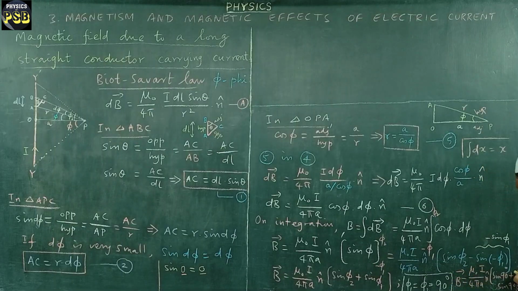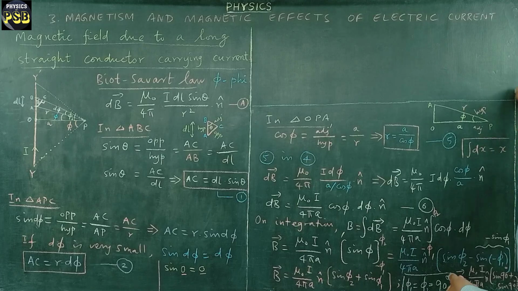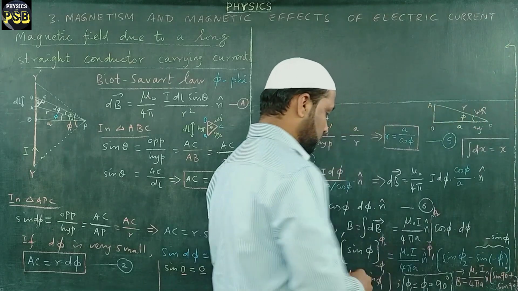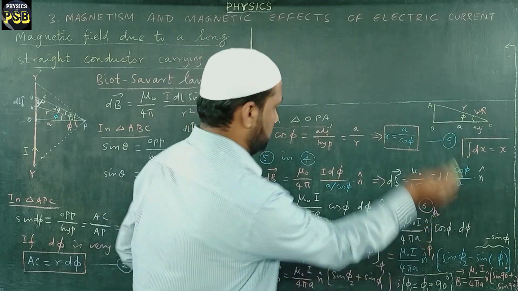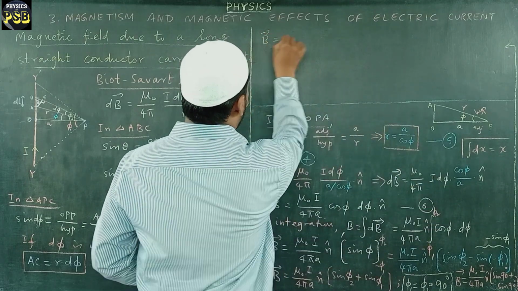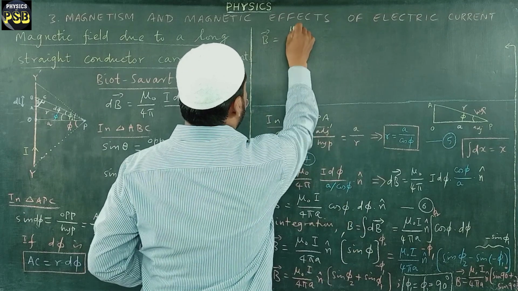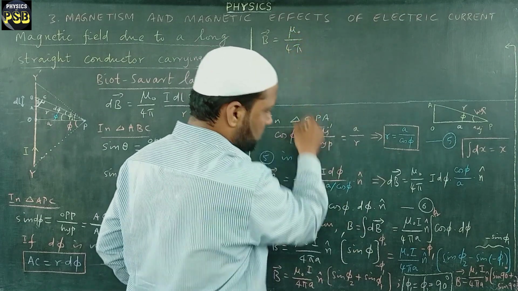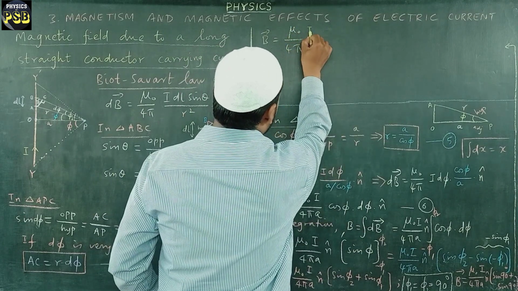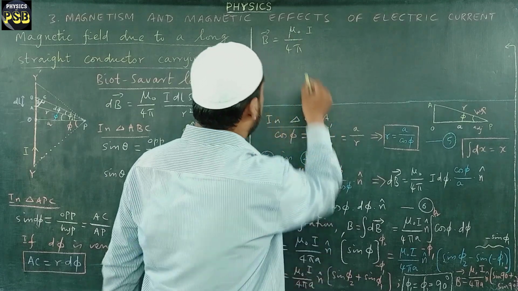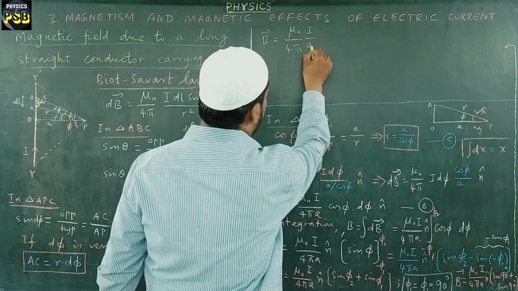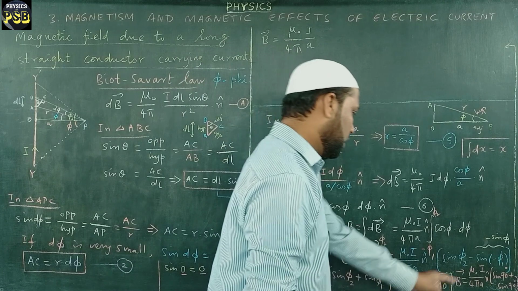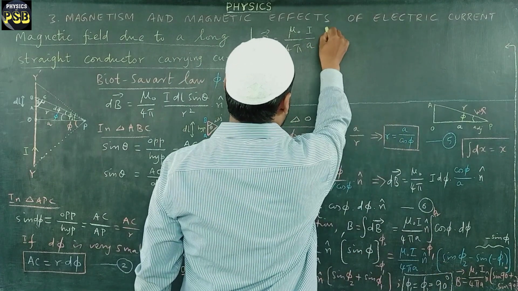I write this one here. So what will I be able to do? See, B vector, it was μ₀ upon 4π multiplied with I divided by a, and here we have n cap.